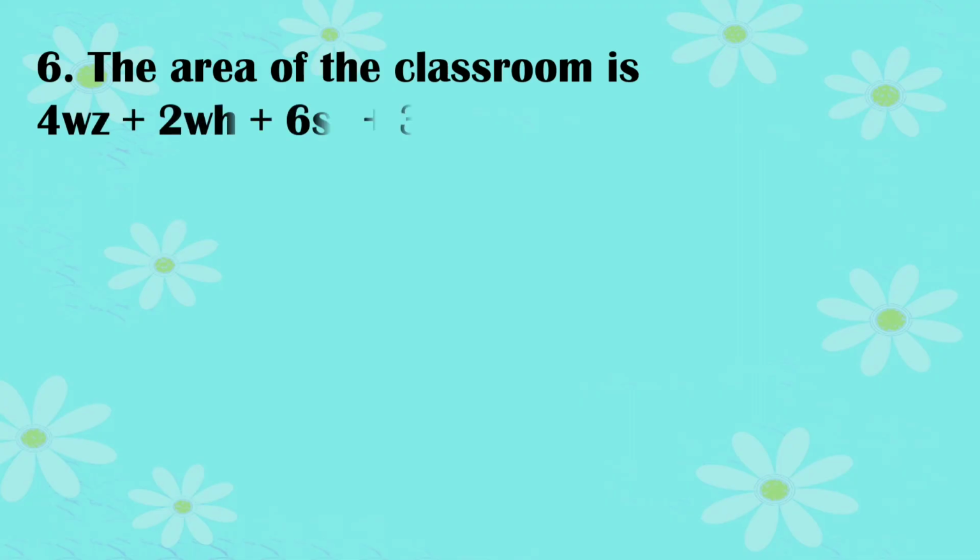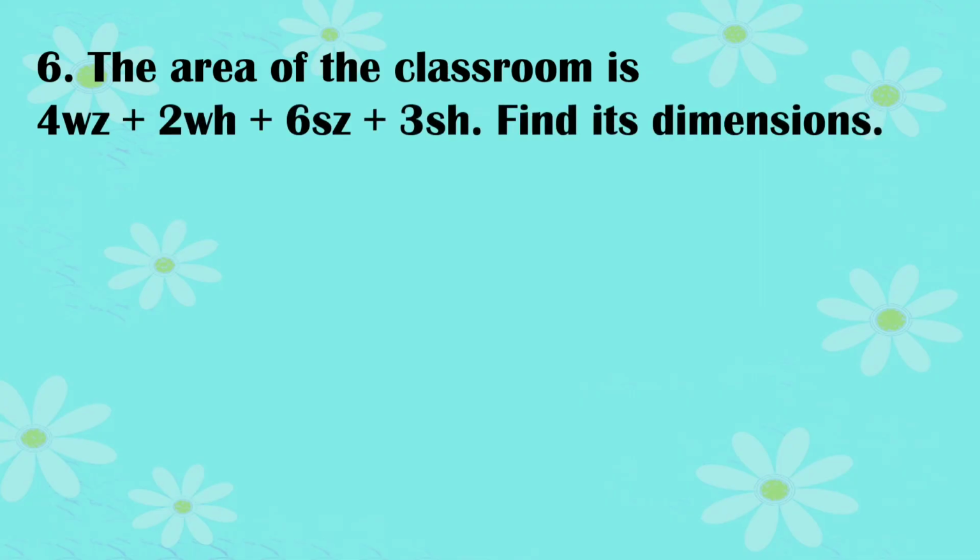So, let's have number 6. The area of the classroom is 4WZ plus 2WH plus 6SZ plus 3SH. So, find its dimensions. So, kung nakikita nyo, yung ating given dito sa problem ay may 4 na terms. So, pagka ganyan ang case, by grouping yung ating i-apply.